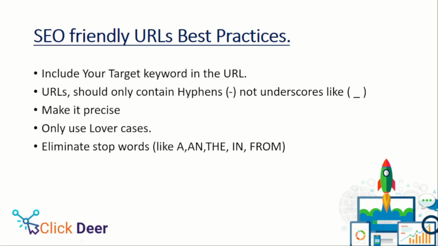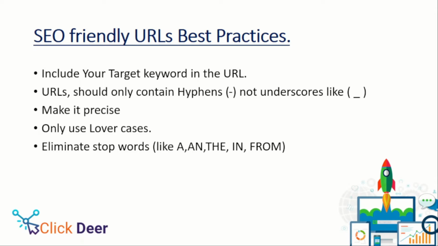So the whole point is that you have to make your URLs concise, catchy, should include your target keywords, should not include underscores, and always use lowercase, not capital letters, and you should never use stop words like a, the, in, from, right?